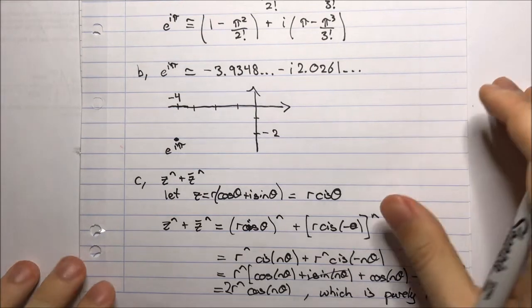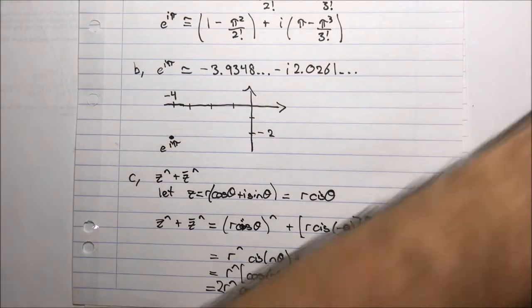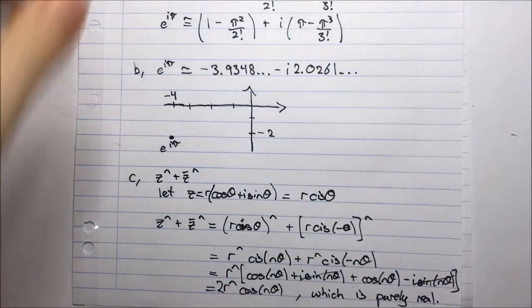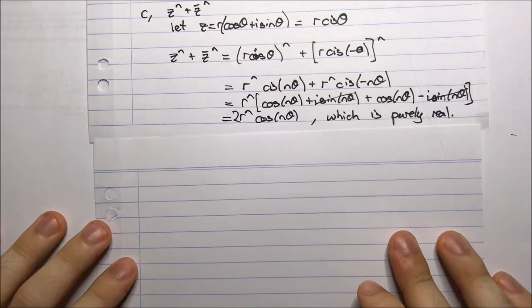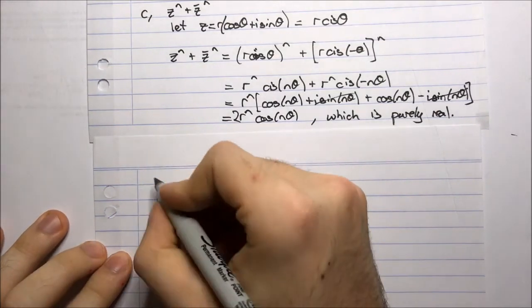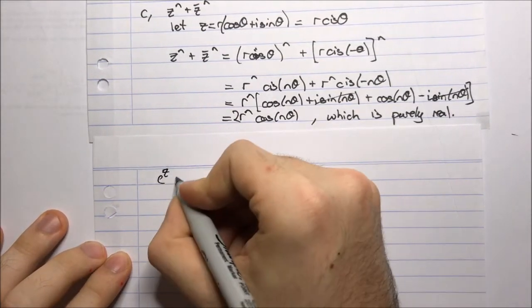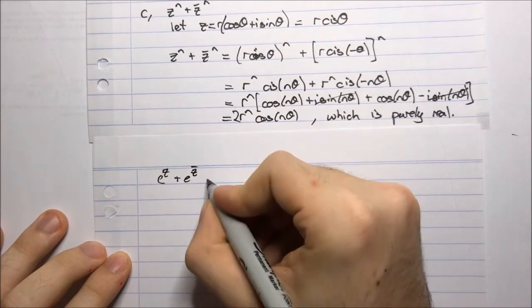Now for the next part, let's just grab some paper. What do I have? I have e to the z plus e to the z bar.